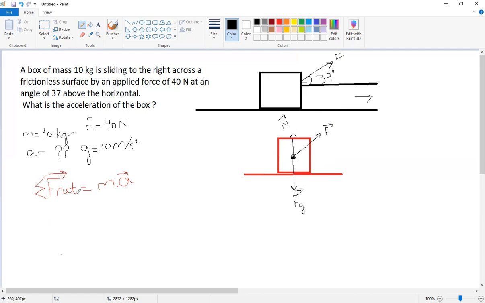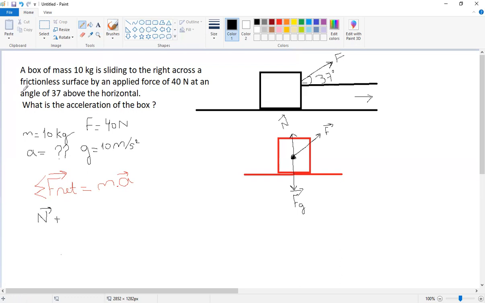So, what are the forces acting on the system? Let's put on the left side, before the equal sign, the sum of the forces. So let's put the forces down. We have the normal force N, and look, here the box is sliding on a frictionless surface.